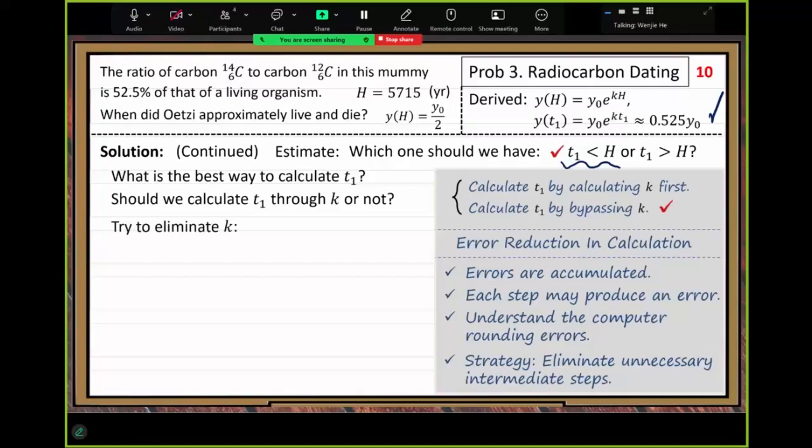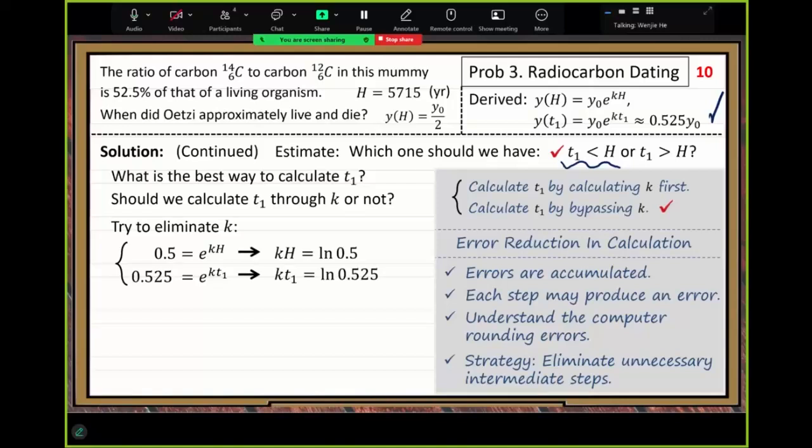So here, we try to eliminate K. We have these two equations. Let's take the natural log of both sides. By taking the natural log of both sides, we have these two equations.